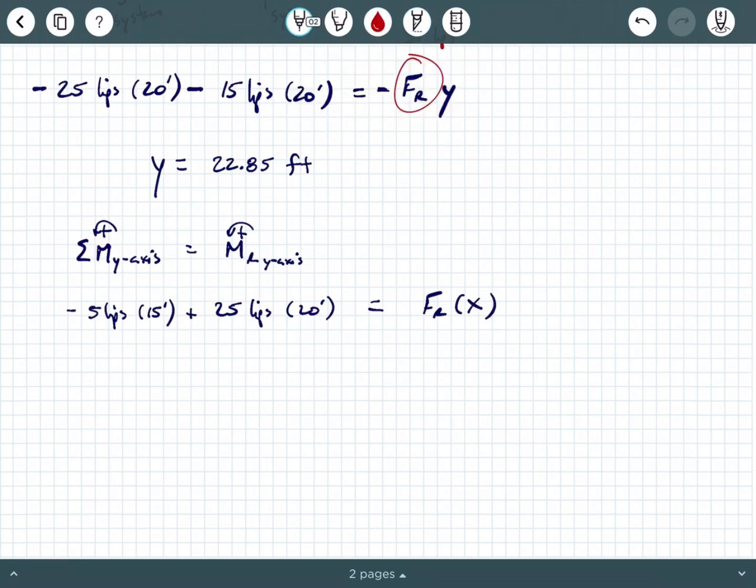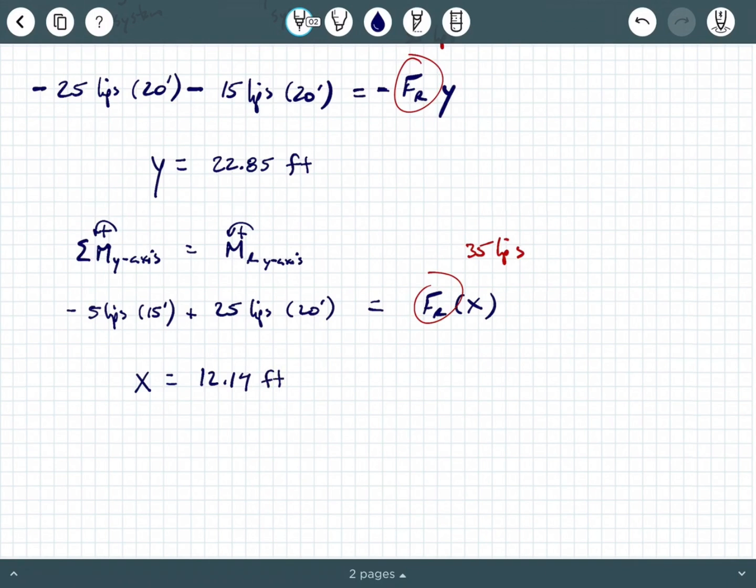And again, this is 35 kips, and then we can solve for x: -5 times 15 plus 25 times 20, divided by 35, and I get 12.14 feet.